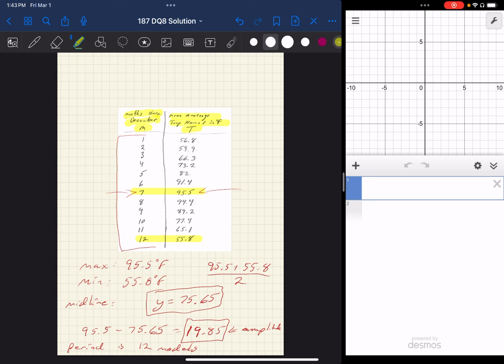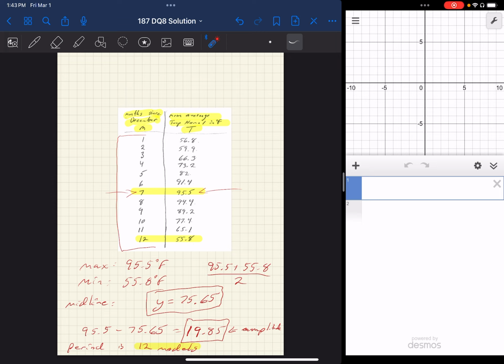So if our period is 12 months, we would expect for an actual sine or cosine function for the interval between the max and the min to be exactly half of the period. And you notice here, the real life data isn't like that. The real life data has only 5 months between here, not 6.